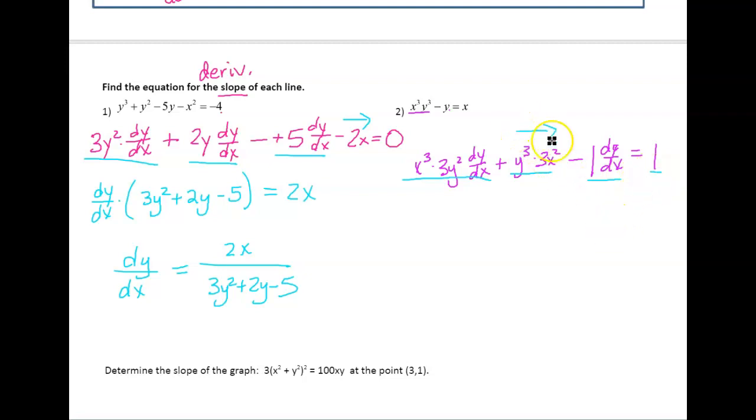So we want to move this one to the right side. So we're going to subtract, and I'm just going to put them in order. These two terms are still on the left, so we can factor out that dy dx.